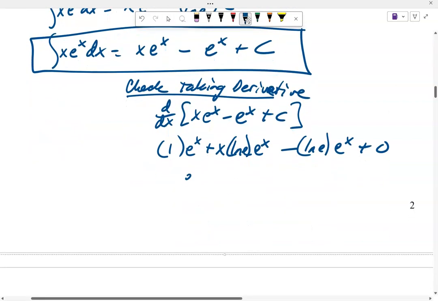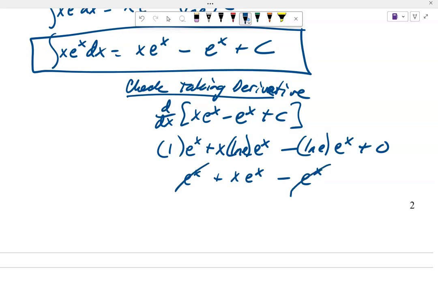And so we end up with e to the x plus x e to the x minus e to the x plus 0. Well, e to the x minus e to the x is gone. See how we end up with x e to the x? See that? That's how we check it.